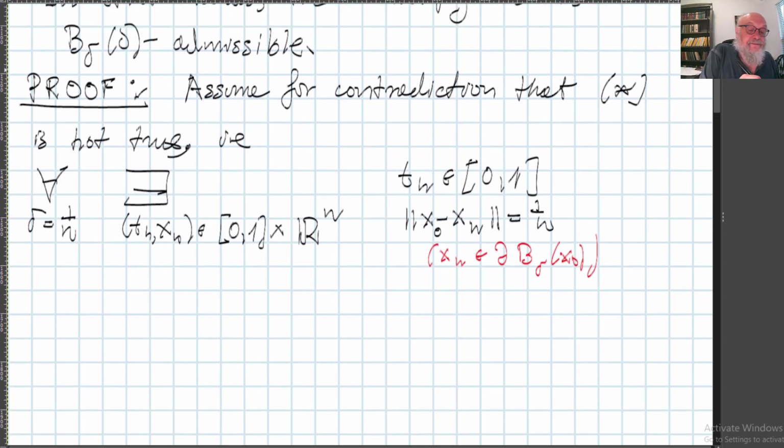And of course here we are getting H of tn, xn is equal to 0.